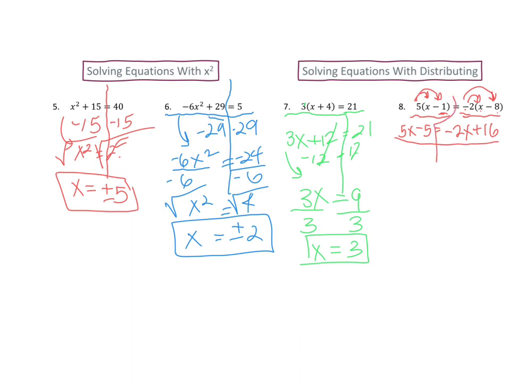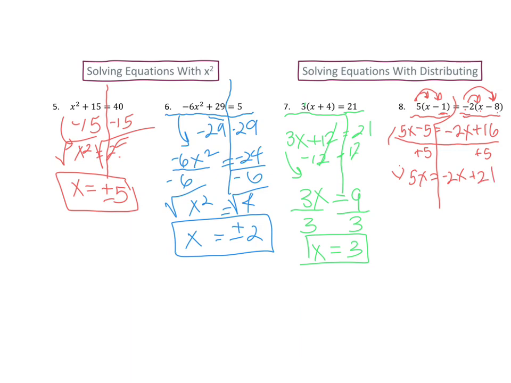Here's my little line. Let's add 5 to start off with here. Plus 5, plus 5. Remember, it's always numbers to numbers and letters to letters. You never mix those two things up. I bring down my 5x, and I get 5x equals negative 2x, 16 plus 5 is 21.